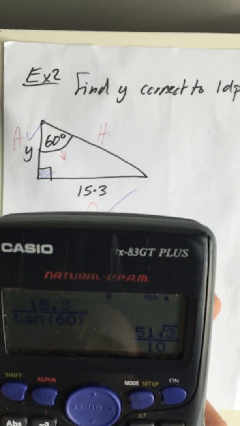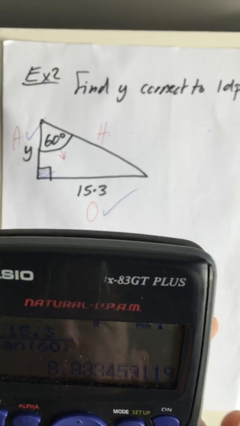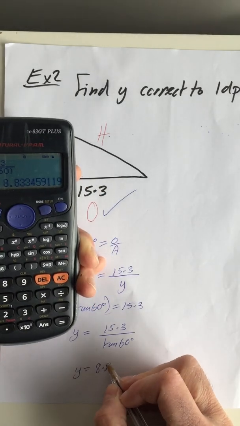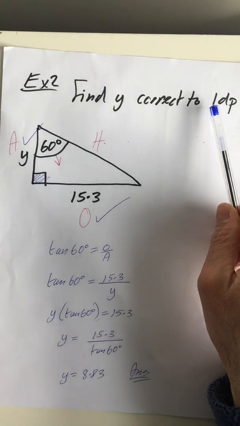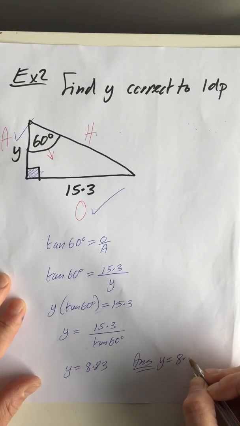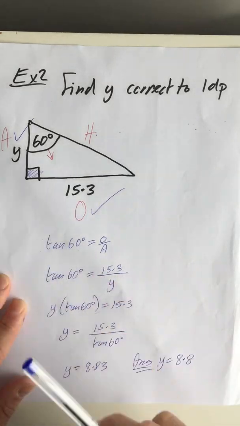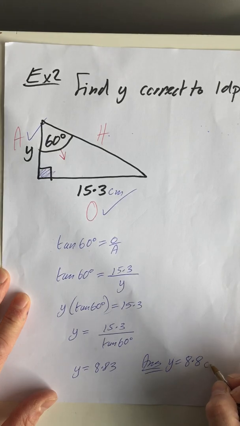And up comes a third answer, but they want decimals, so I press the SD button. It's 8.83. Now my answer, go back to the question, how many decimals do they want? They want 1 decimal place, so my answer is y is 8.8. Again, there's no units in this question, but if this had been centimetres, then I would put centimetres in my answer.